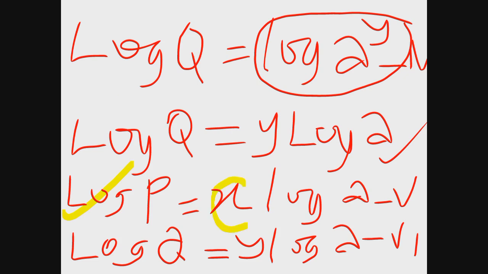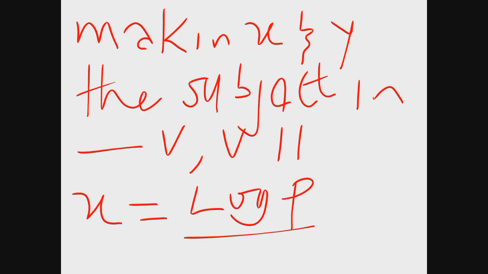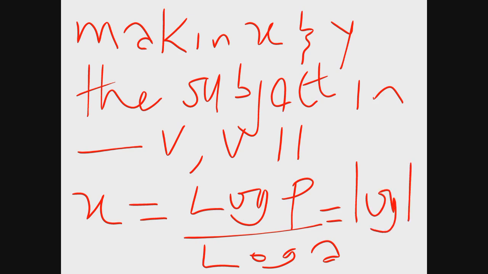We want to make x the subject, which means we divide both sides of equation 5 by log a. Then x will be equal to log p over log a, and this is what mathematicians write as log p base a.